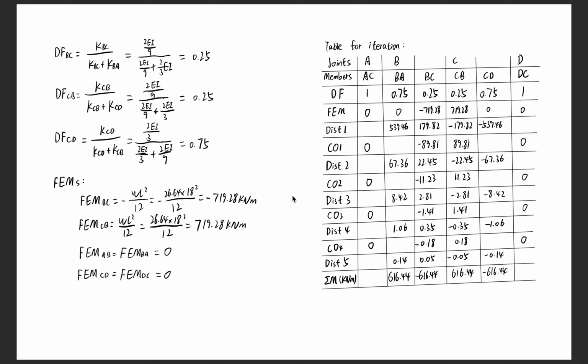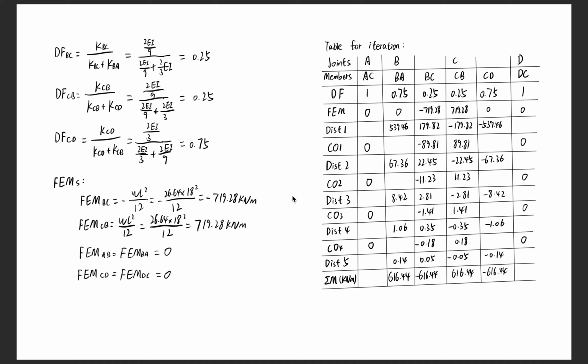We start with DIST1. We just use 719.28 times DFBA, 0.75. We got 539.46. And also use 719.28 times 0.25. We got the BC DIST equal to 179.82.